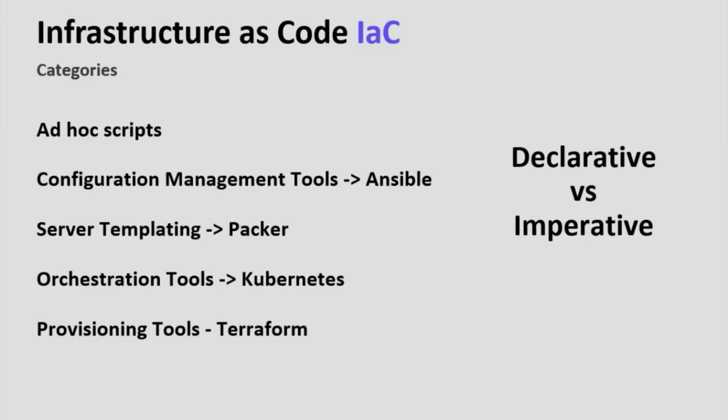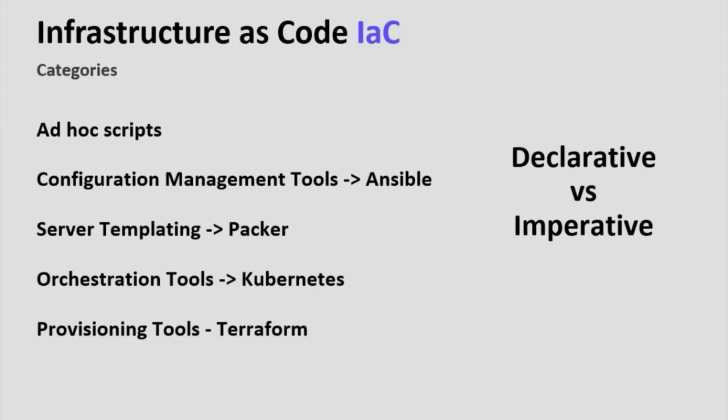The advantage of declarative is automation, and it's easy to understand and manage the resources. But imperative has better performance because you give the commands directly on the CLI and they run directly.